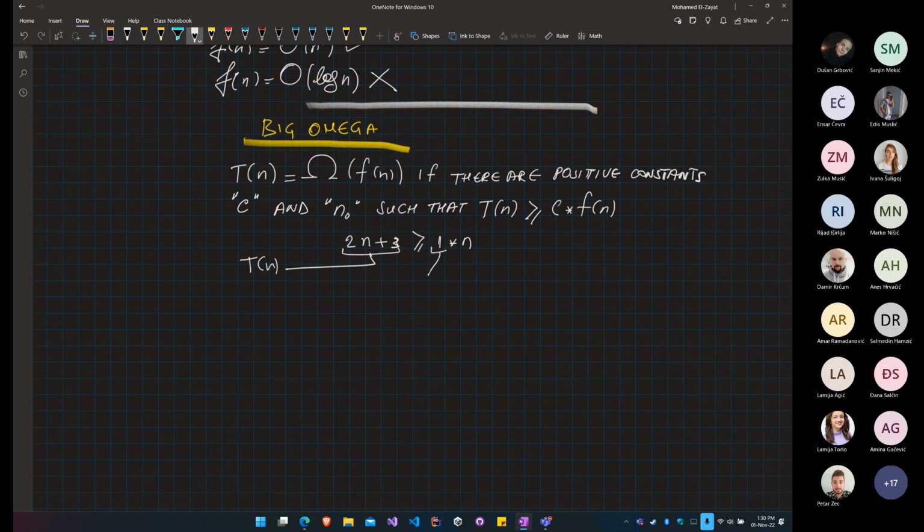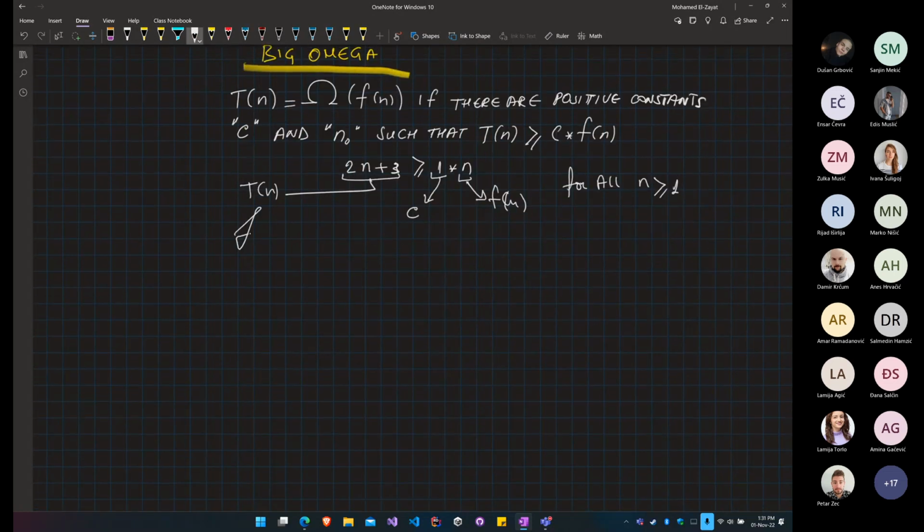This is your constant, obviously, and this is your function, f of n, for all n larger than or equal to 1. As long as you satisfy that condition, that your input is larger than your processing time, this is actually a big omega function.